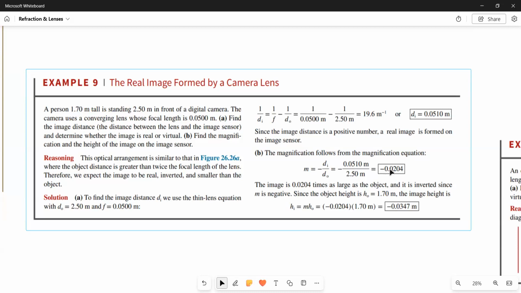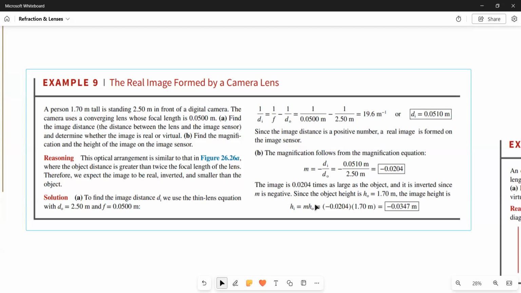But really and truly, the image is actually diminished, right? Very, very small, right? 0.02. So the person is 1.7 tall, but when it forms the image in the camera, the image is 0.0204 meters in size. Very, very small, right? The magnification is that. No, sorry, this is the magnification, negative.